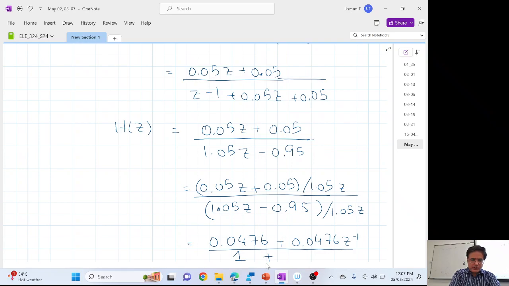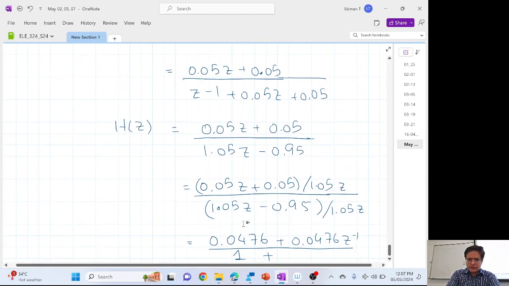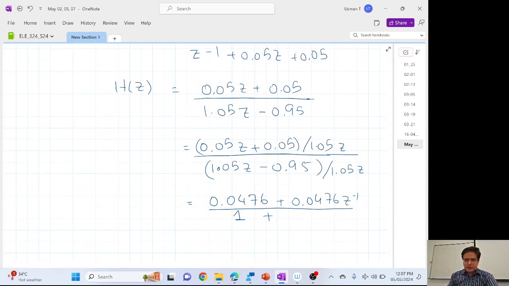So 19 divided by 21 is just 0.90476, so 0.90476 z to the power minus 1. So this is the transfer function.